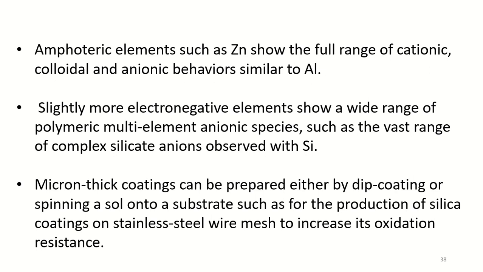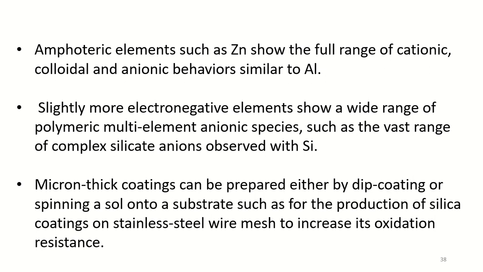Other examples which form a wide range of discrete polymeric anions are borates and phosphates, and we have discussed borates in great detail in our previous lectures.